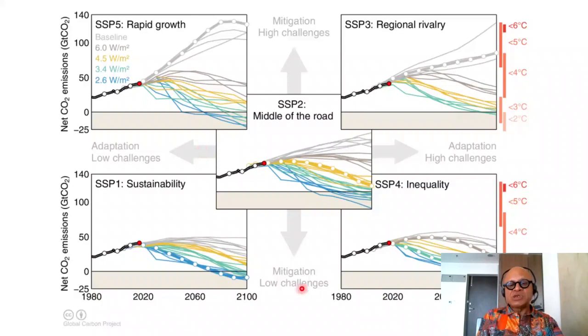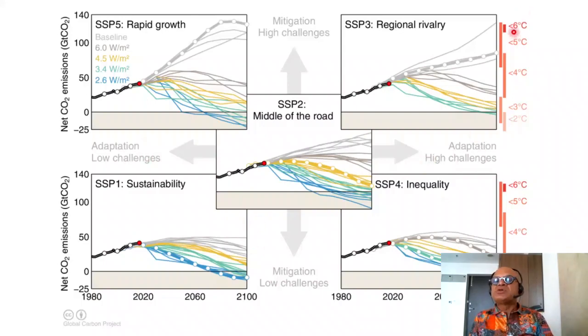So when the mitigation challenges are low, we have opted for sustainability and these pathways here, inequality and adaptation challenges tend to be low in this direction, or they can be high in this direction, and the resulting warmings are shown here.